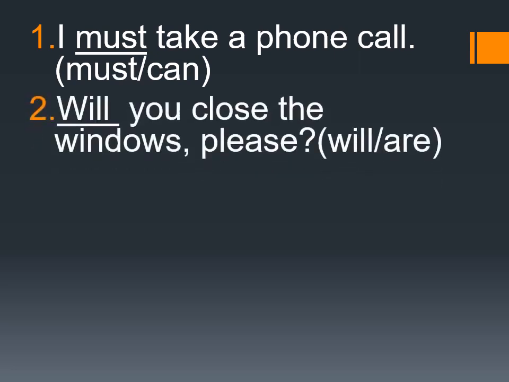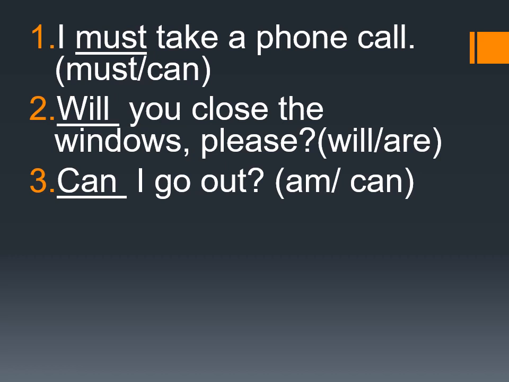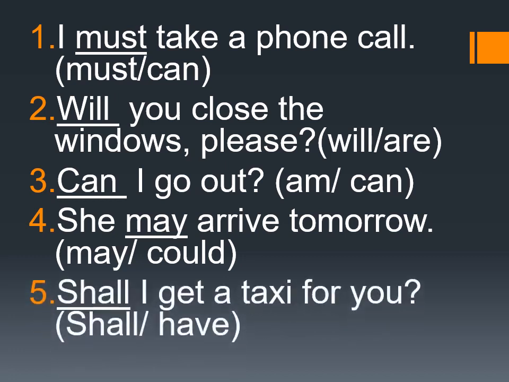Dash you close the window please. In the options, there were two options, will or are. Will you close the window please? Dash I go out. Am or can? Can I go out? She may arrive tomorrow. And the last one, dash I get a taxi for you. Shall or have? Shall.